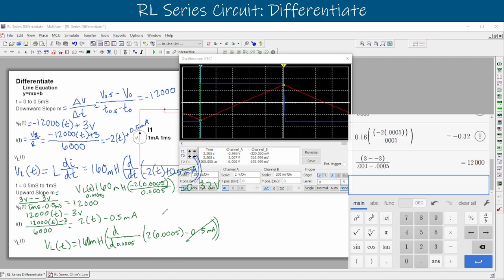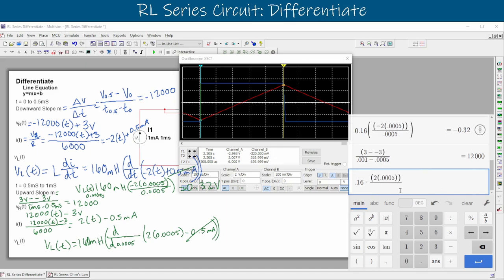So when we derive that out, we end up canceling that out, and we just got that milliamp, that 0.16 multiplied by our 2 times our 0.0005. And we'll take that and divide it by, so we need to put an extra parenthesis right here to allow that to divide evenly. Divide that by our 0.0005, and that's the bottom of our time factor.